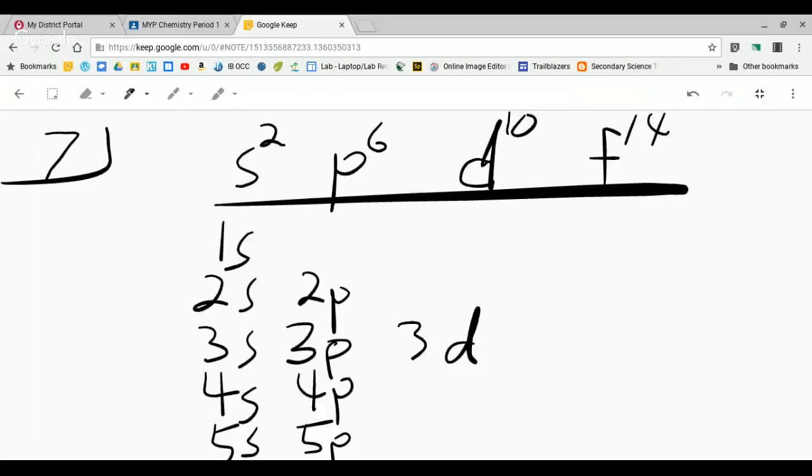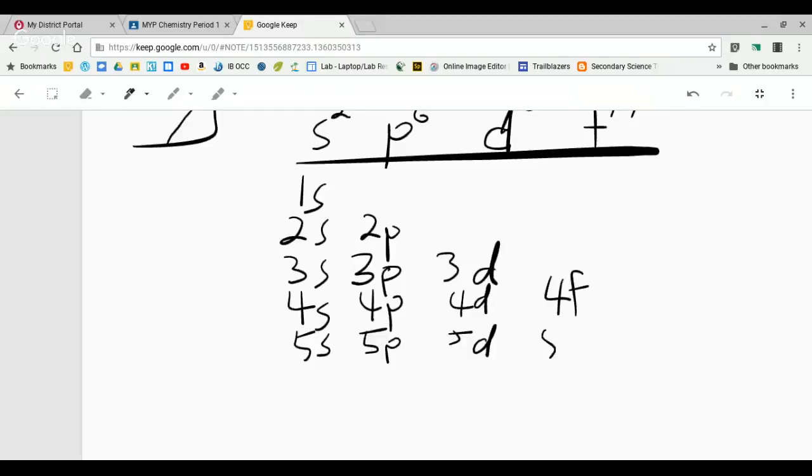So this is 3d, 4d, 5d. And then F is 4f, 5f. And again, it goes on, but we don't have to worry about it.